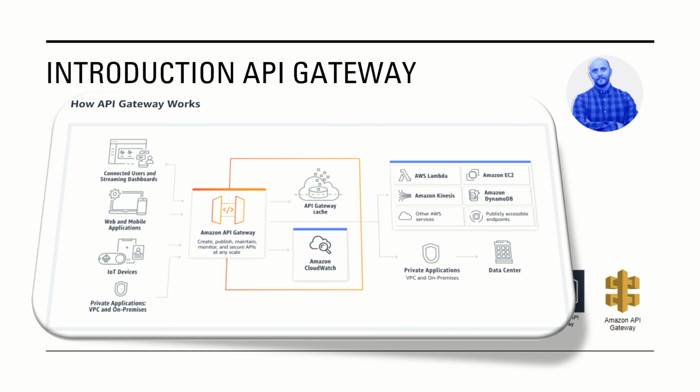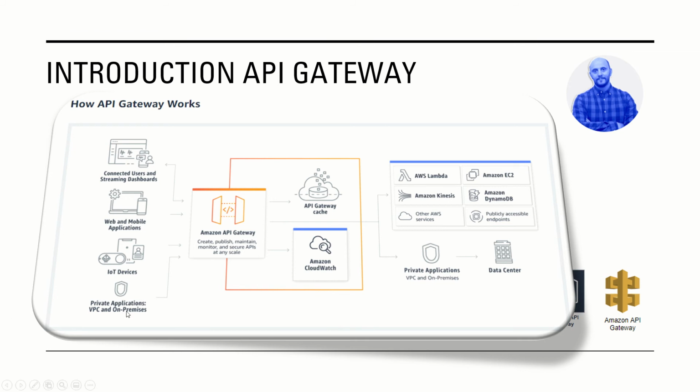So let's see an overview of how API Gateway works. For example, we have some kinds of applications here. Imagine connected users and stream dashboards, a real-time WebSocket application, web and mobile applications consuming HTTP or REST APIs, IoT devices, and of course other APIs or private applications you have in your organization.